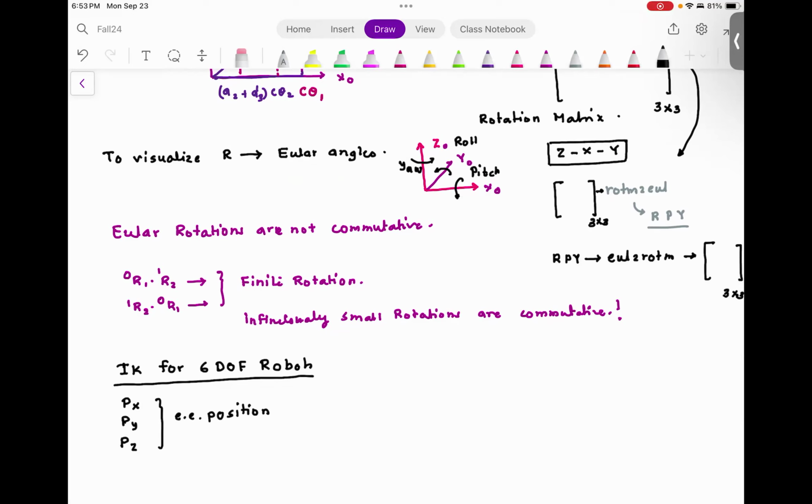And you would be given the end effector orientation, so you would be given roll, pitch, yaw, which is the end effector orientation.